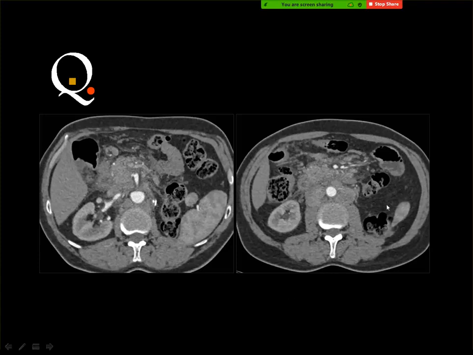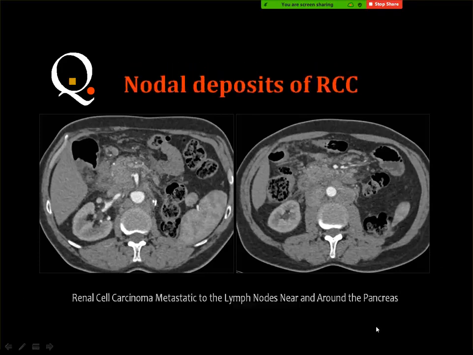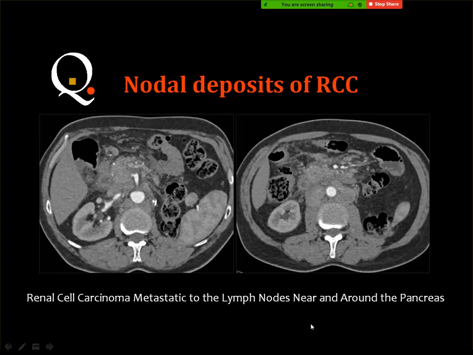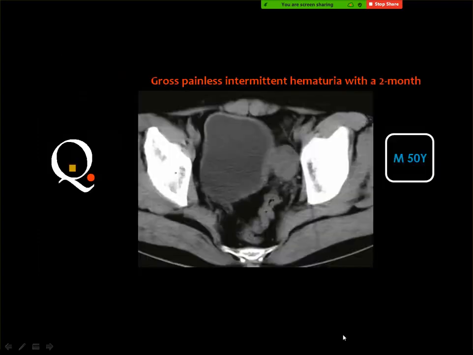Also, if you see a missing kidney and signs of malignancy, then you know that this kidney contained a malignant tumor, and these are metastatic lymph nodes, and the kidney has been removed. Of course, a kidney with lymphoma is not surgically removed, but a kidney with renal cell carcinoma is removed.